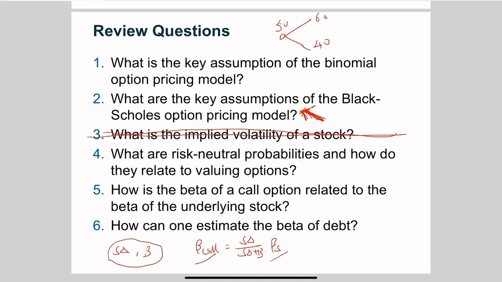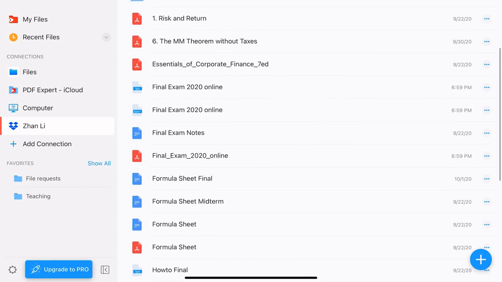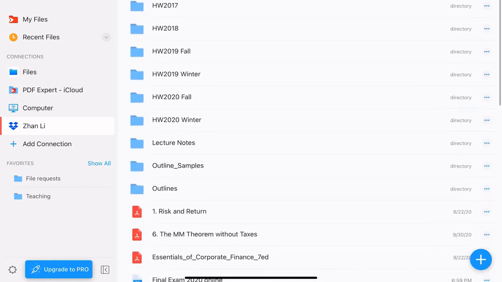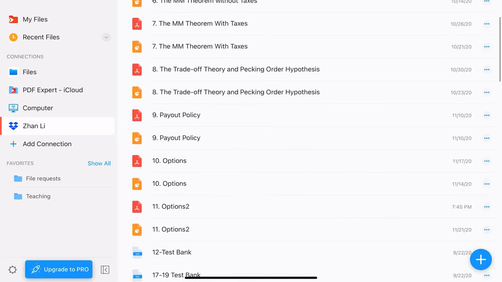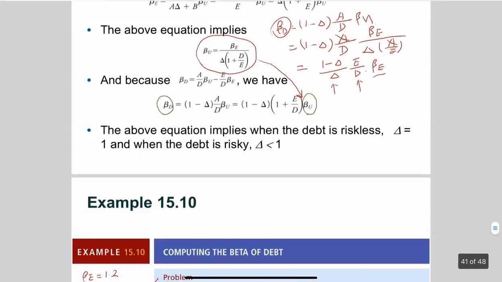How can one estimate the beta of debt? So we have a series of equations. We have several formulas, right?